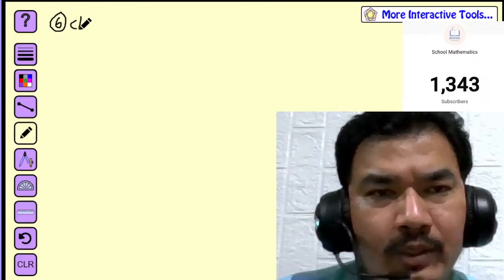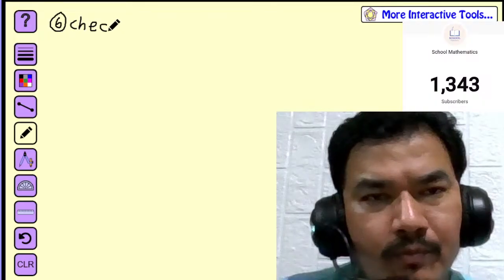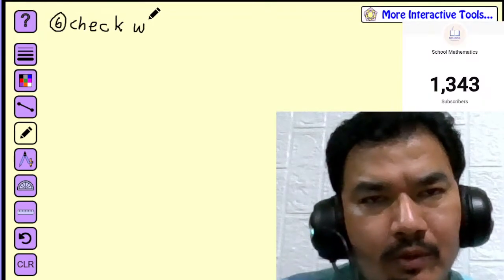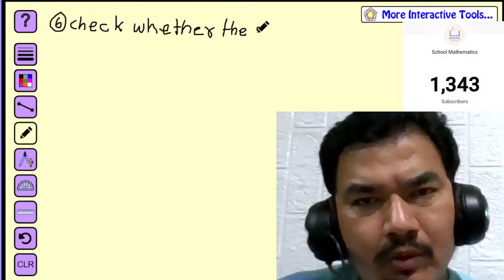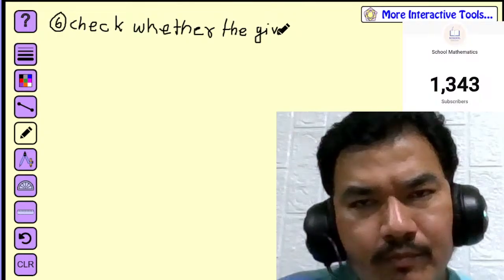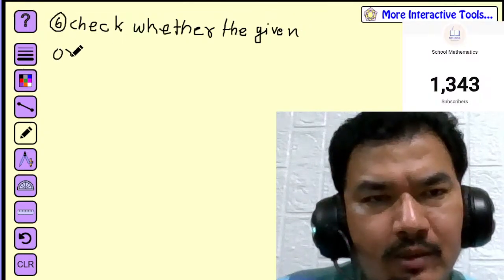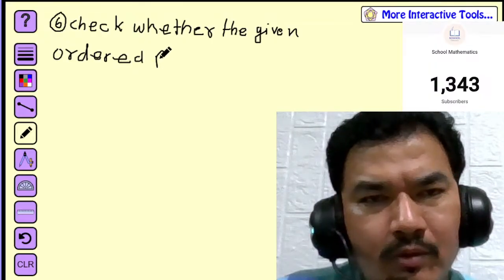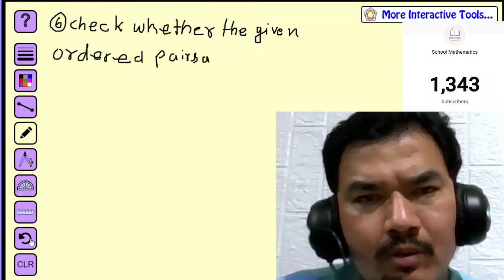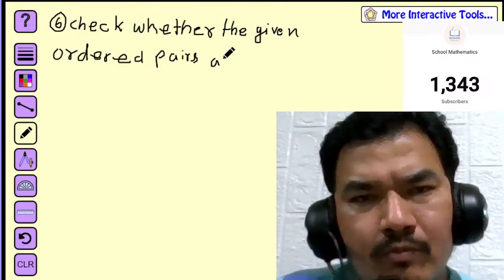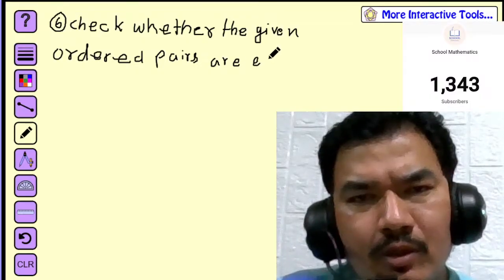Sometimes they will ask like this: check whether the given ordered pairs are equal or not.